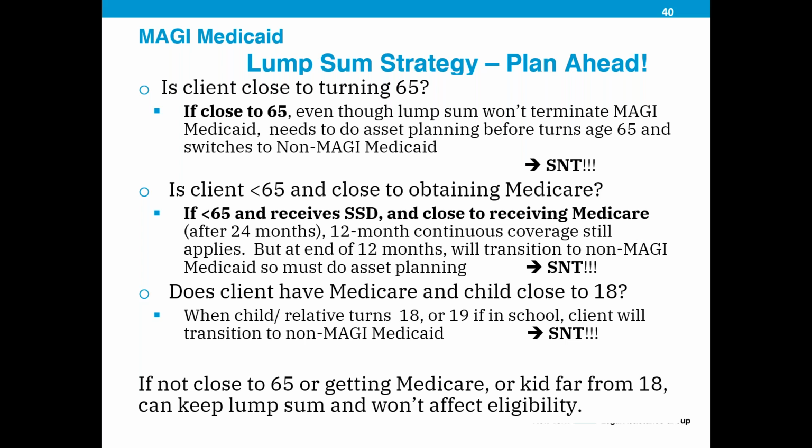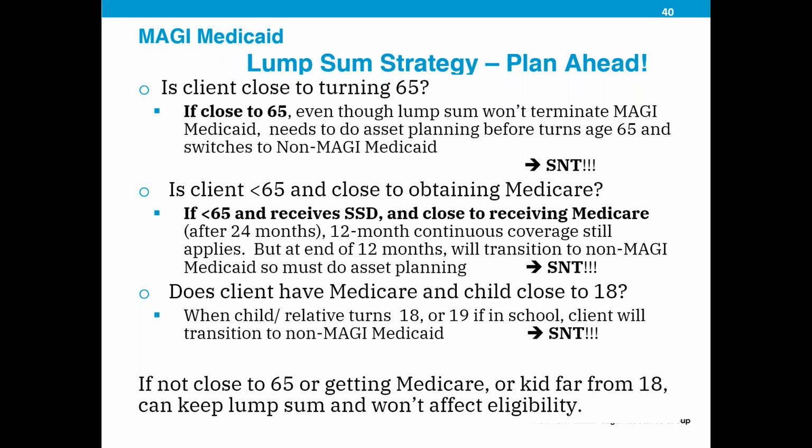Is the client close to turning 65? If they are, yes, the lump sum won't terminate their MAGI Medicaid now, but in a few months when they turn 65, they get switched to non-MAGI Medicaid, and that's traditional Medicaid with the asset test. And now that $100,000 in the bank has to be dealt with.